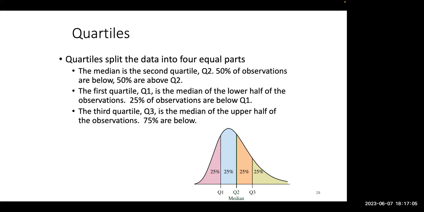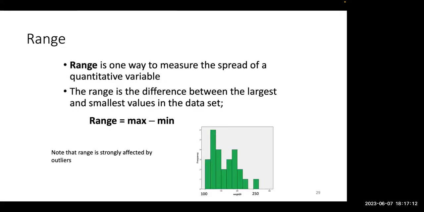Whereas the minimal entry is the 0th percentile. So the range demarcates the 0 and 100th percentile. The range is max minus min. You can report ranges and IQRs as an actual difference, so you can calculate max minus min.